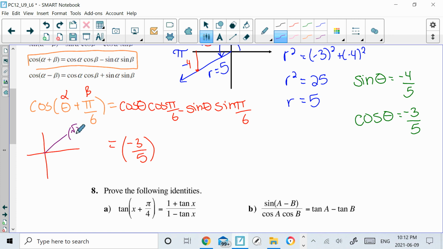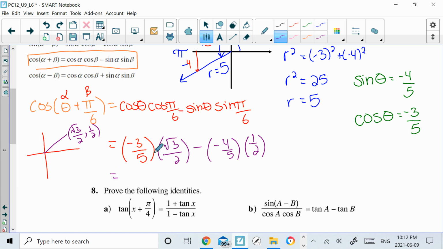And remember, at 30 degrees, the x-coordinate is √3/2. The y-coordinate is 1/2. So the cos of pi over 6 is the x-coordinate, which is √3/2, minus the sine of theta, which is -4/5, times the sine of pi over 6. The y value at pi over 6 is 1/2.